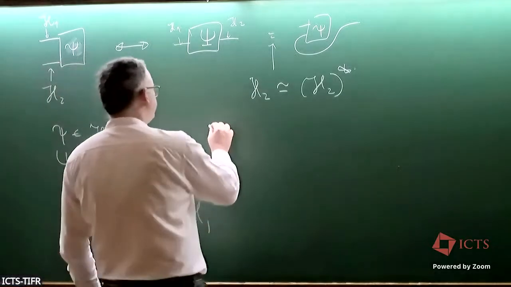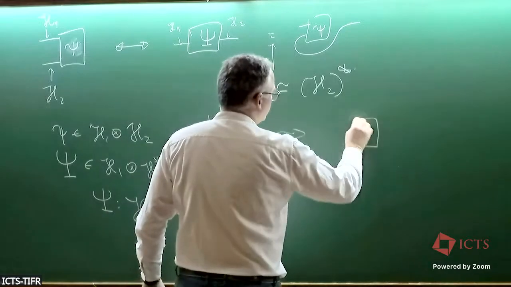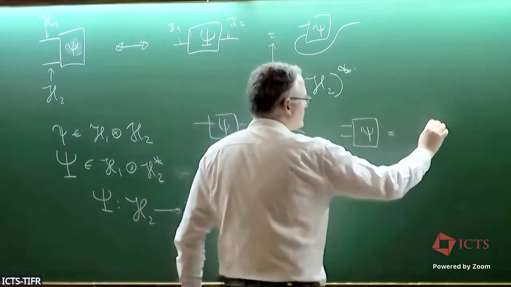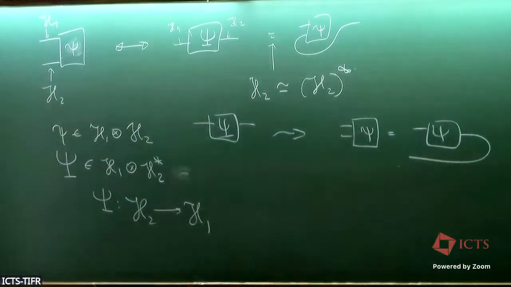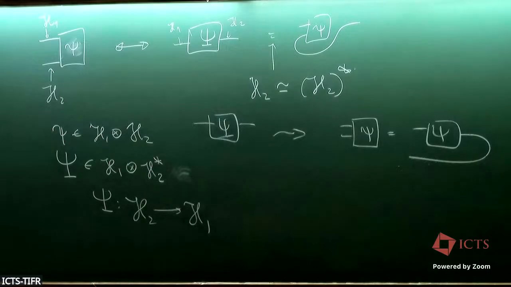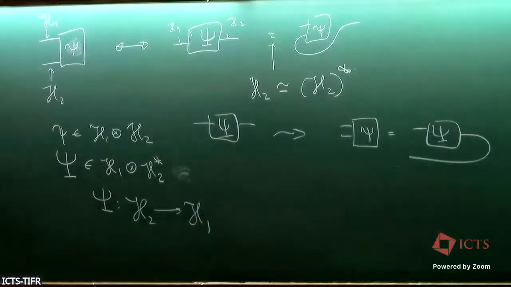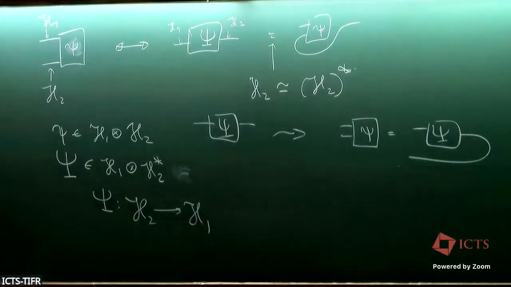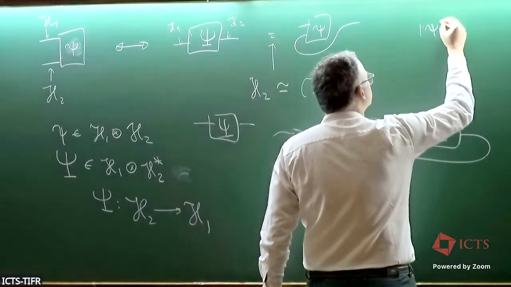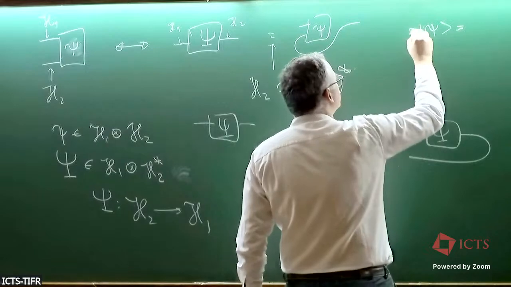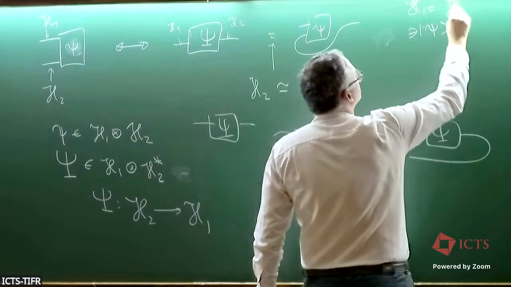Vice versa, to a matrix Psi, I can associate the vector psi. And if you really want to go to quantum information ideas, then this vector psi lives in H, let's take H1 equals H2 equals C^d.